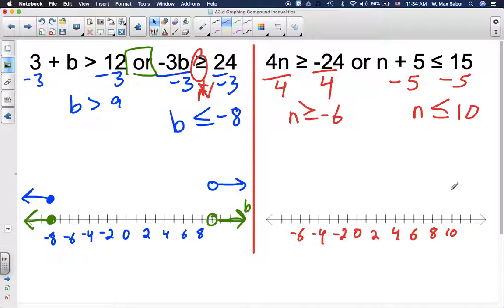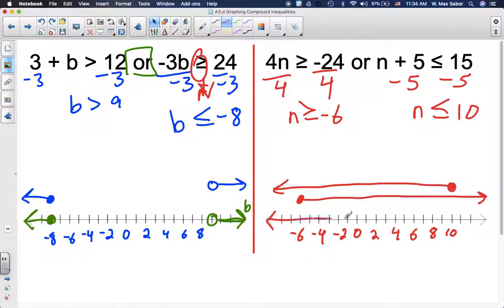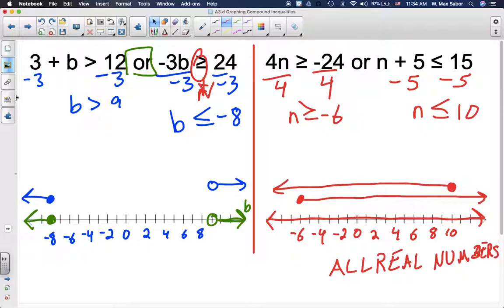We want to say that it's less than or equal to 10 or greater than or equal to negative 6. That's going to be all real numbers because it's everything. All real numbers. Can I spell? Yes, I can make it to the end.